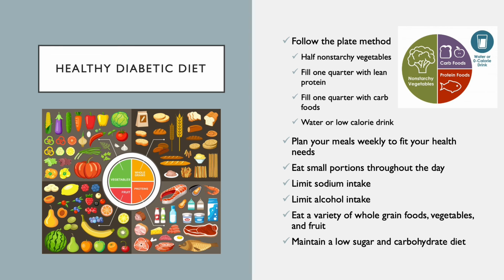Eat small portions throughout the day and limit your sodium intake. Limit your alcohol intake, because alcohol is really high in sugar and can cause your blood glucose to increase really high. Eat a variety of whole grain foods, vegetables, and fruit. Maintain a low sugar and carbohydrate diet.